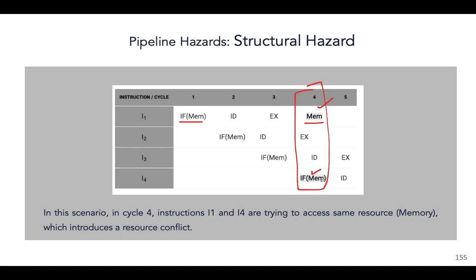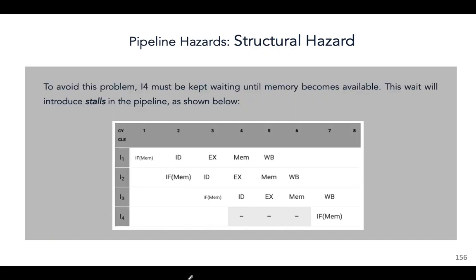Now you see, both of these operations are on the memory. They are trying to access the same resource. The resource in this case is memory. So there is a resource conflict. So until instruction 1 stops using memory, instruction 4 cannot be fetched from memory. This is caused by structural hazards. This is a resource conflict.